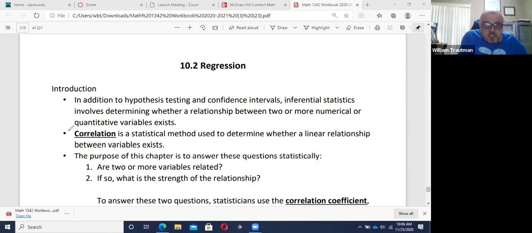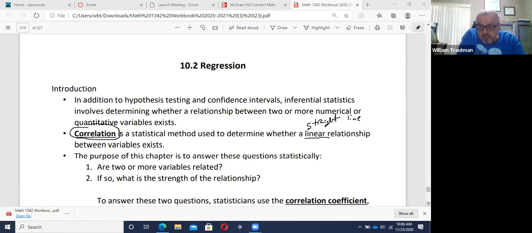All right, so let's just look at the word correlation, because I'm going to talk about that today. It's a statistical method used to determine whether a linear relationship, linear means straight line, exists. So we're going to look at a number, and the number is going to tell us if our data fits a straight line, or how close to a straight line the data will fit.